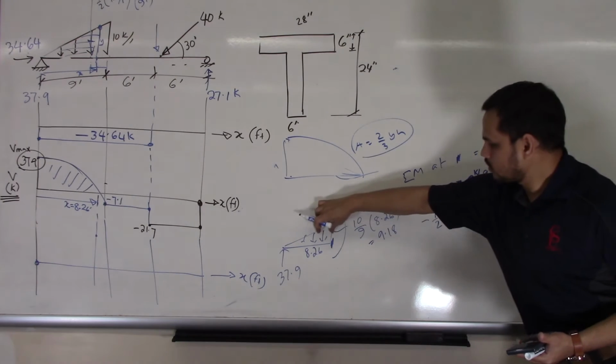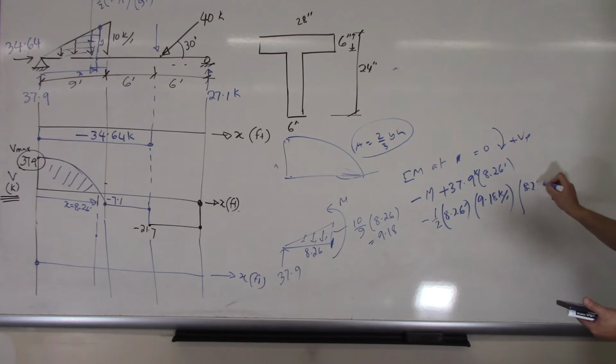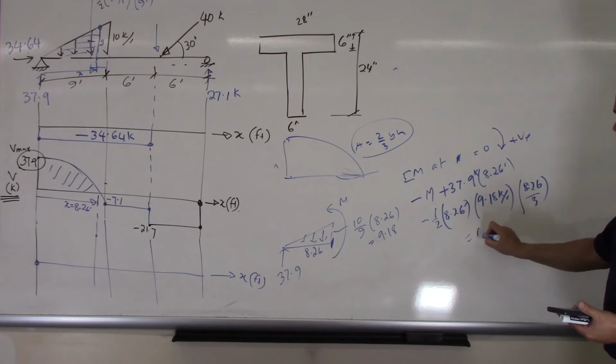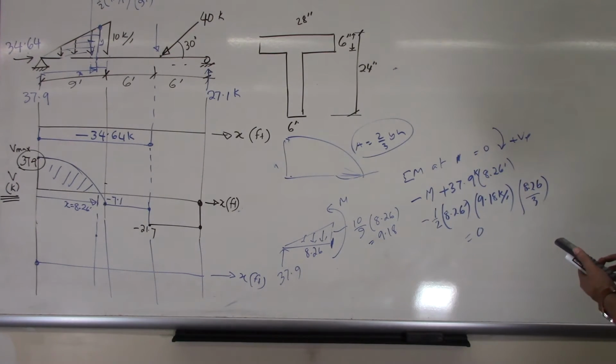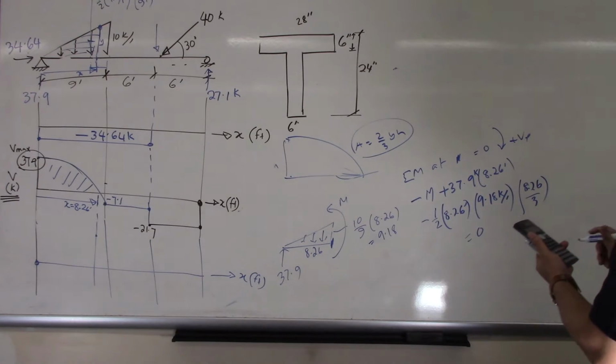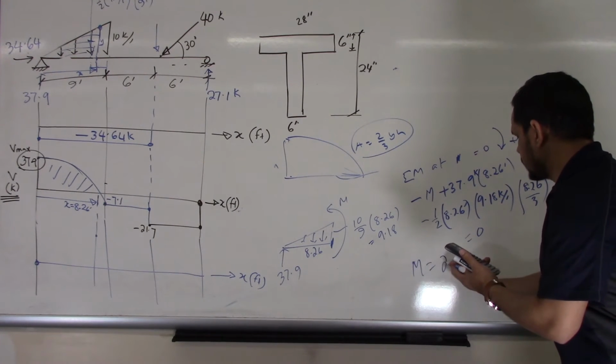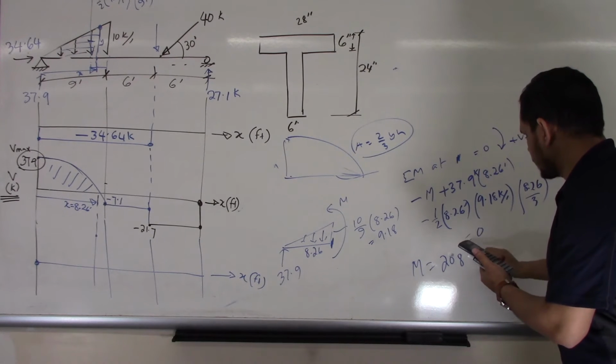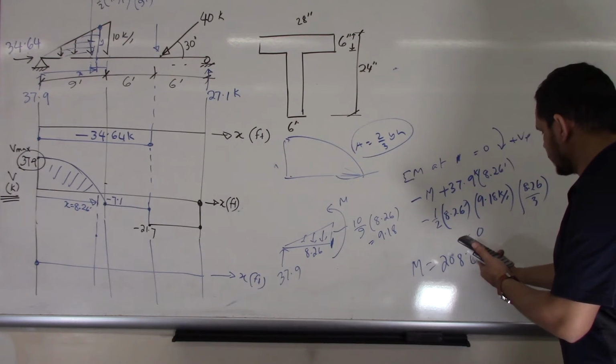And then 1/3. So 8.26 divided by 3 equals 0. If I solve it, 37.9 times 8.26, I got my moment is 208.67.